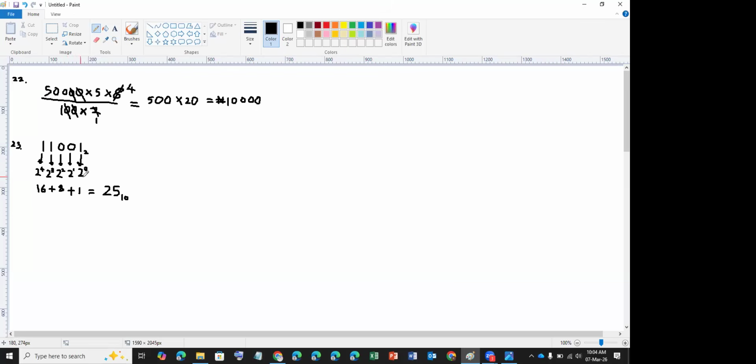Now, when you're going towards the left, you keep increasing the power of 2 by 1. Look at it. The next one is 2 raised to power 1, then 2 raised to power 2. So the 0 multiplied by 2 raised to power 2 and the 0 multiplied by 2 raised to power 1 is what? 0. So you can ignore them. But look at the next one.